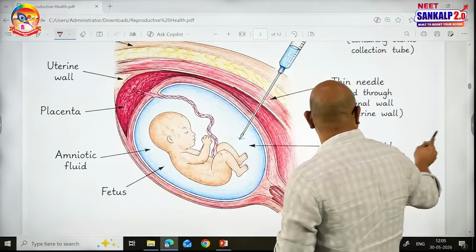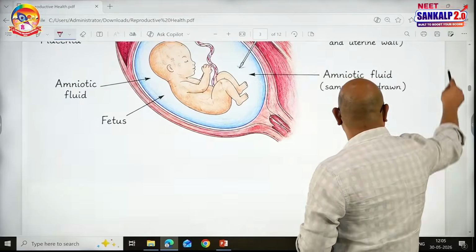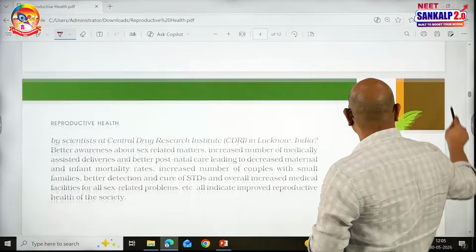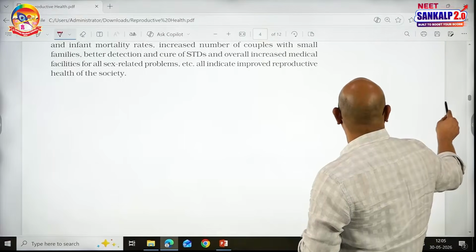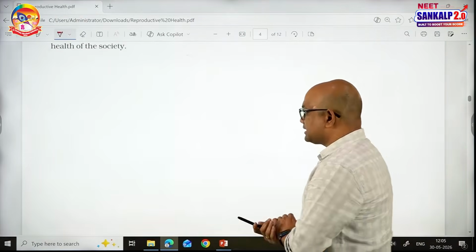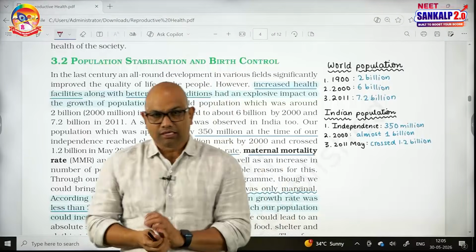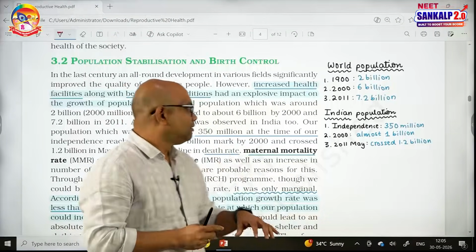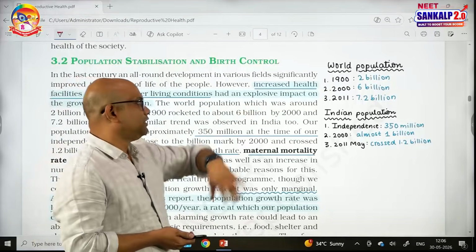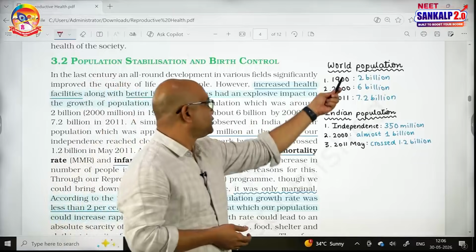The next topic is population stabilization. So, in this topic, we will discuss the population growth trend both worldwide and India-wide. Again, let me give you the factual information. Worldwide population.